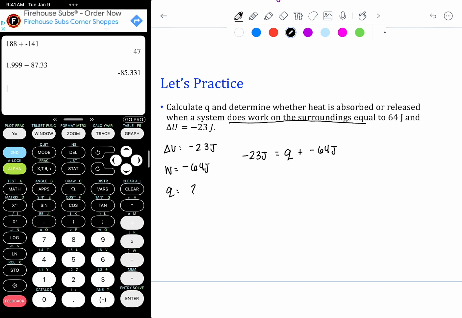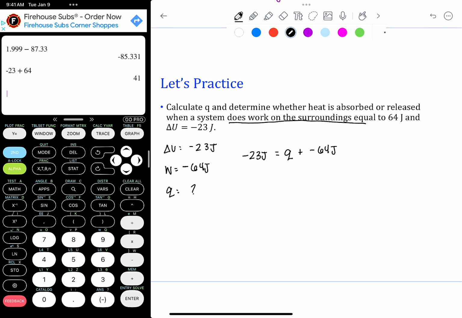So we would then, let's do negative 23. In order to solve for Q, we would add 64 to the other side. So we get Q is equal to positive 41 joules. So now we want to know if heat is absorbed or released.